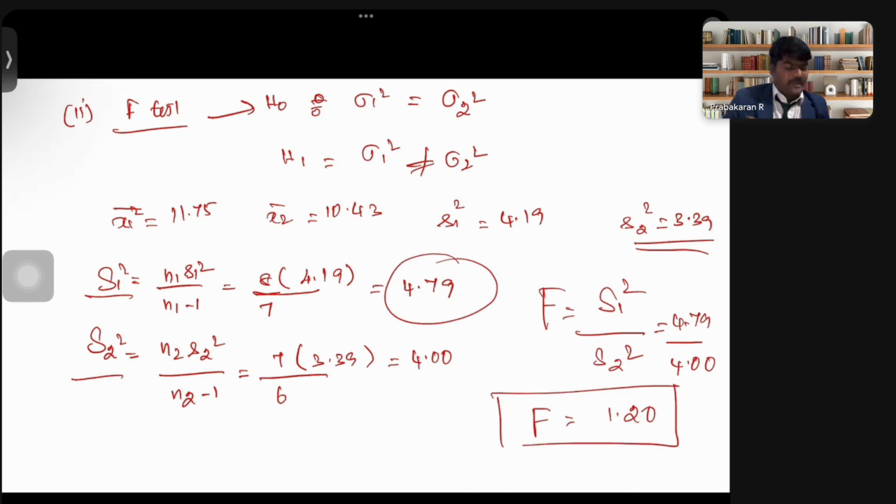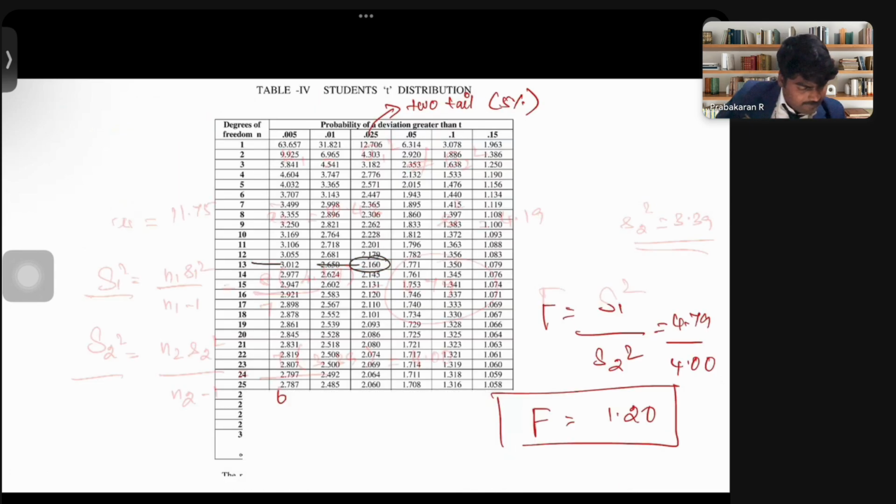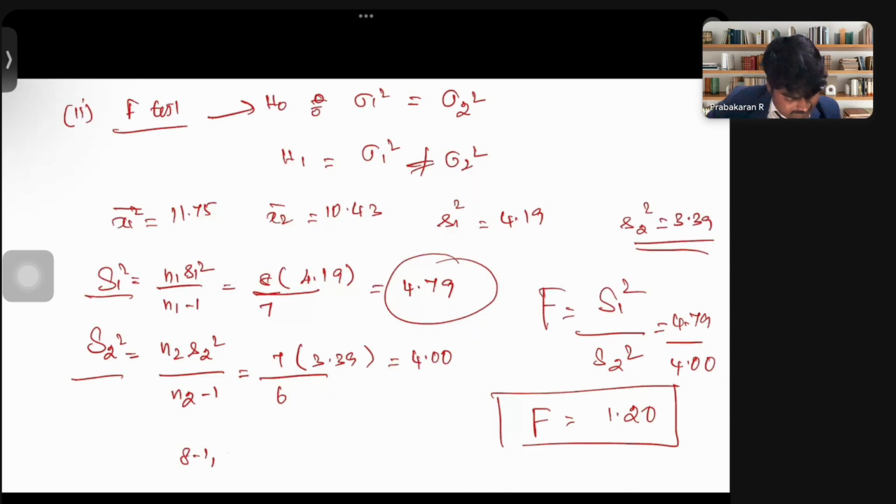Now we can go for comparing the table value. For the table value, since S1 square is the first sample, 8 minus 1 is 7. This is V1. V2 is going to be 7 minus 1, which is 6. So V1 comma V2 is nothing but 7 comma 6.